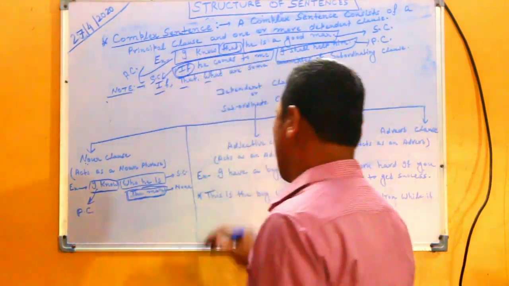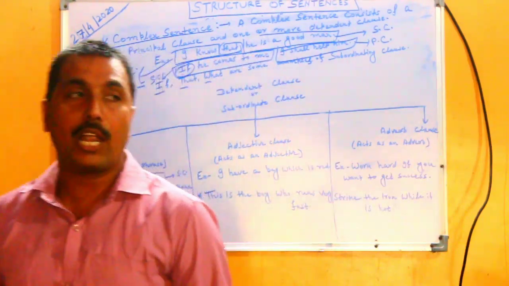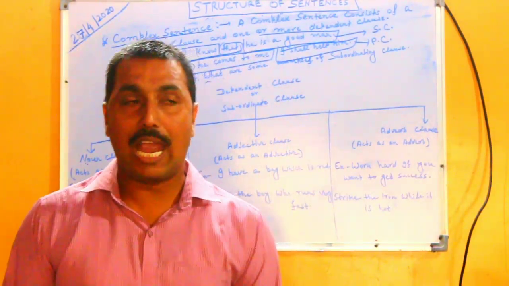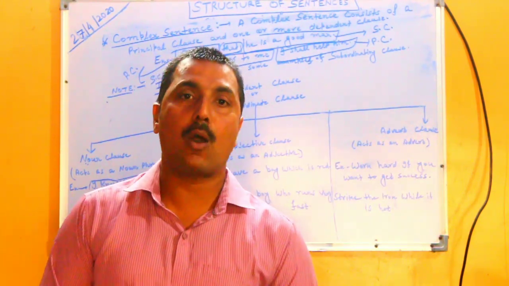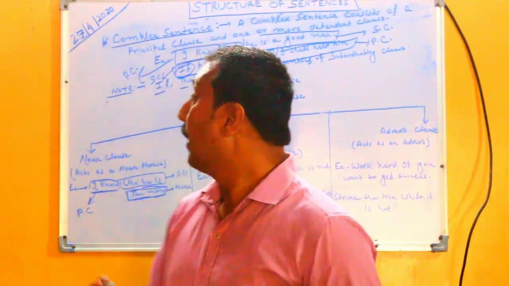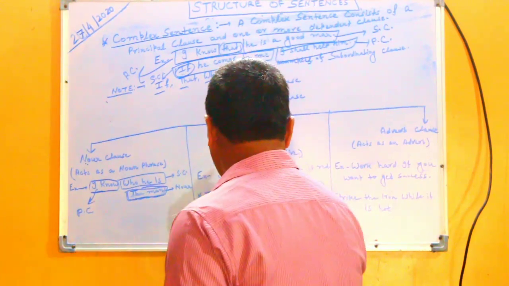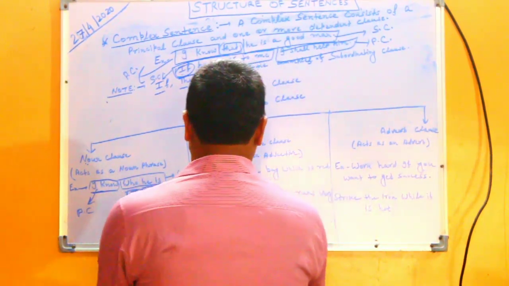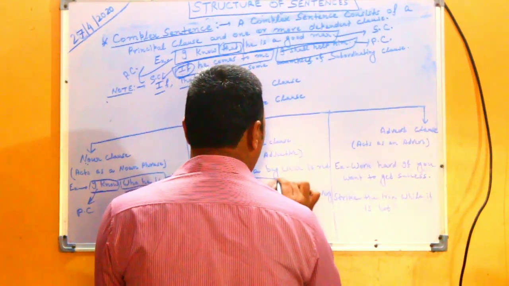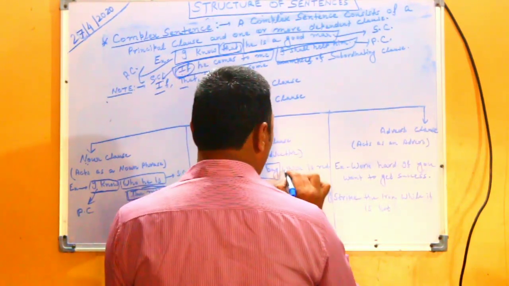Second one is adjective clause. Adjective clause is the kind of subordinate clause which acts as an adjective. It means it qualifies noun or pronoun presents in principal clause. For example, I have a bag which is red. In this sentence, we have two clauses.